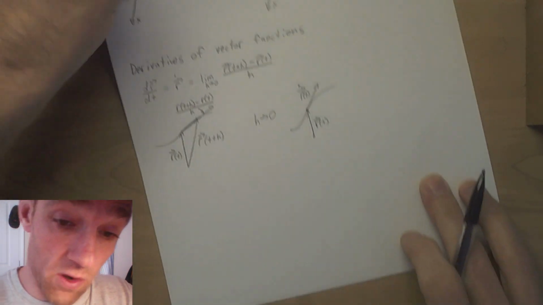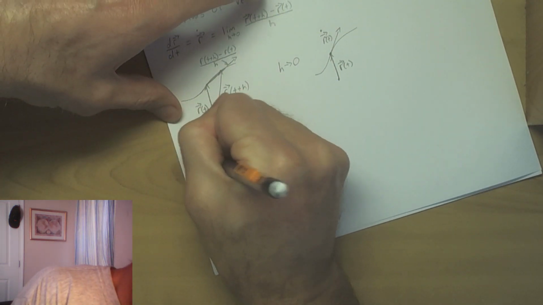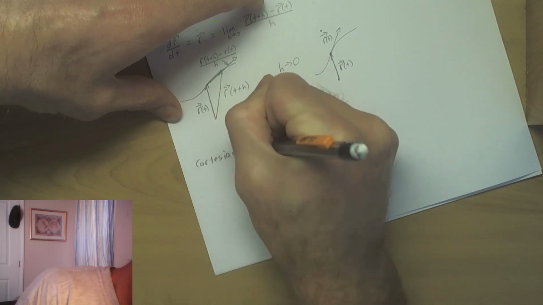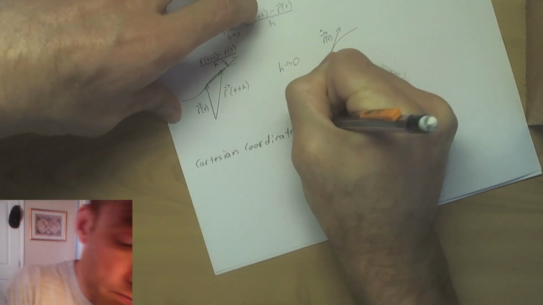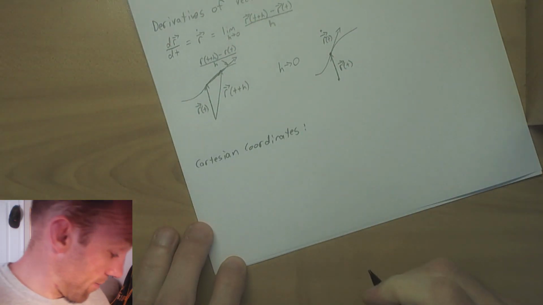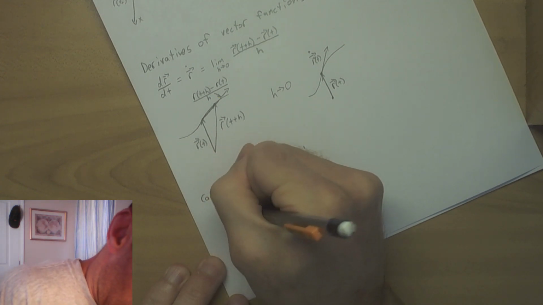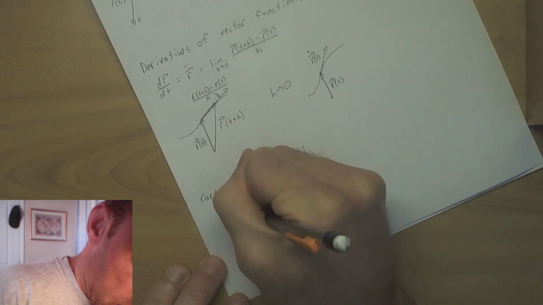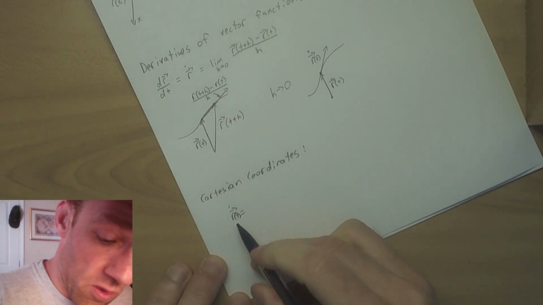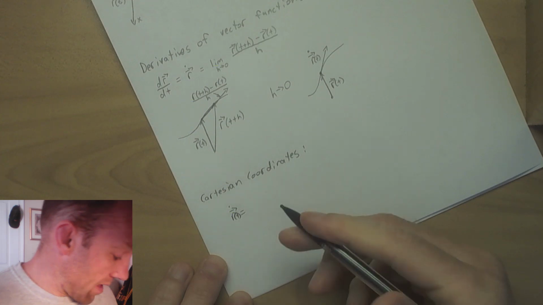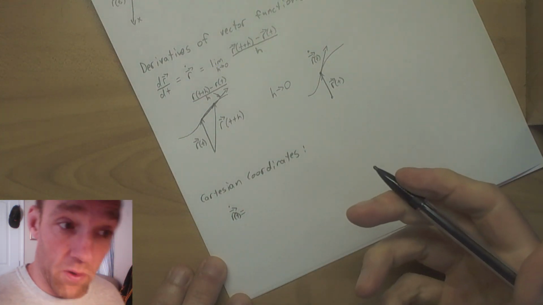In terms of the Cartesian coordinates, it's pretty simple. The time derivative of the position vector is just the time derivatives of the individual components.